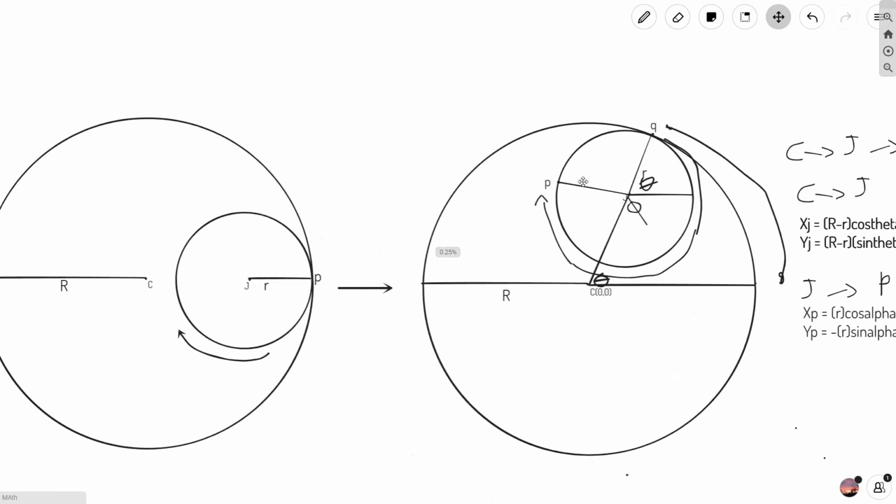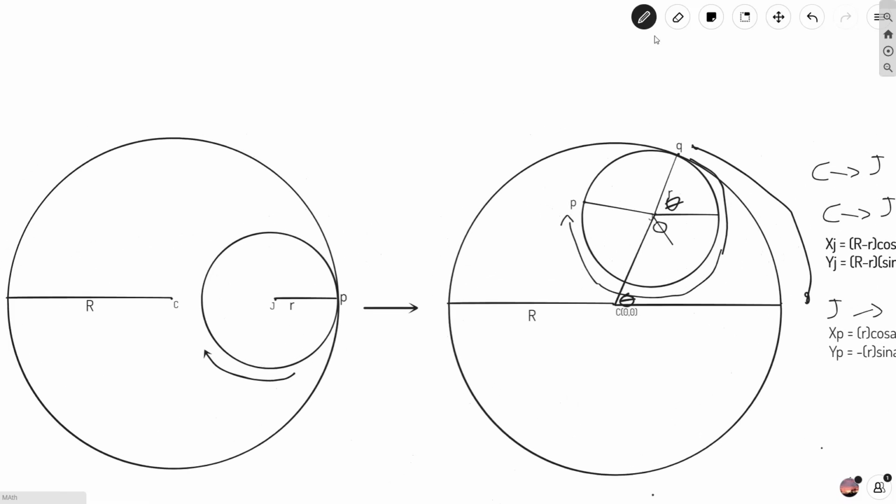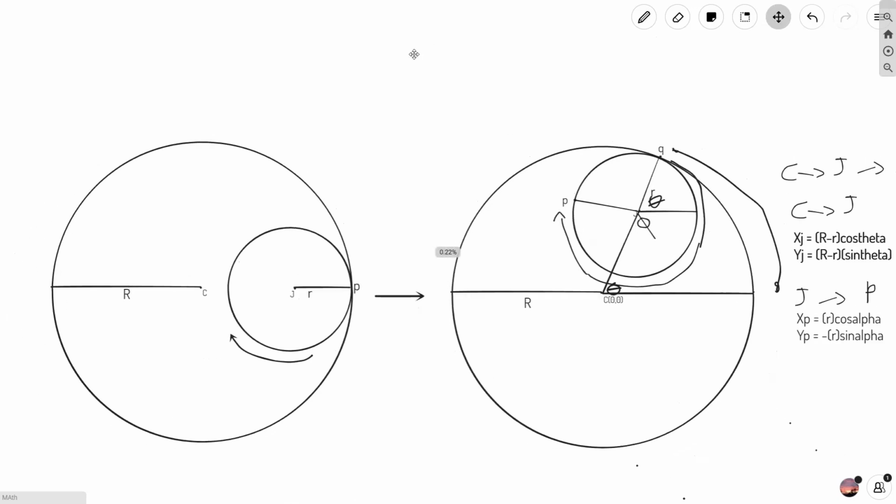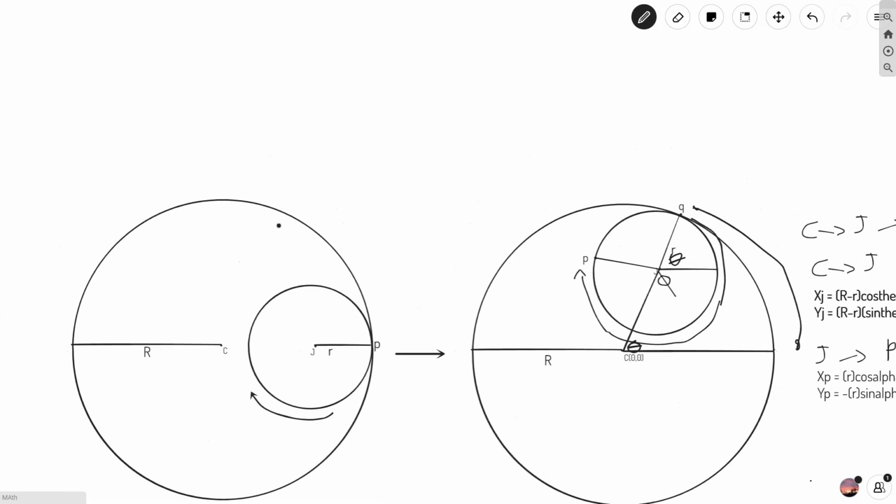Now, as they're the same, we can equate the lengths to each other. So let's do exactly that. The length of an arc is represented by the angle that subtends the arc and the radius. So the arc represented by the bigger circle will just be R theta, and this will be equal to this arc length plus this arc length. Now we know that the angle represented by here is alpha.